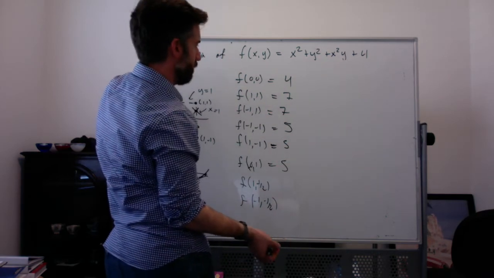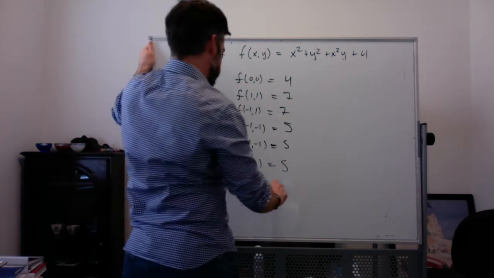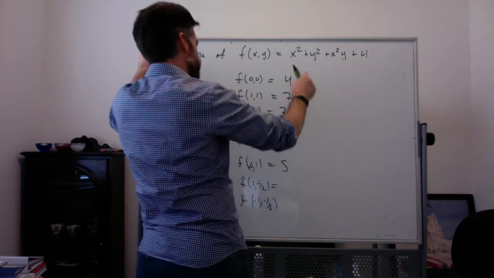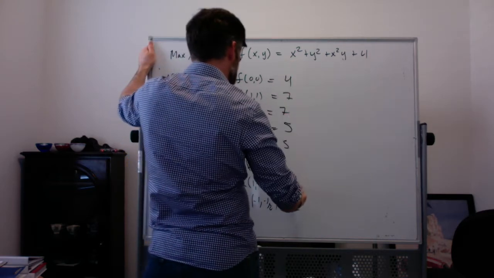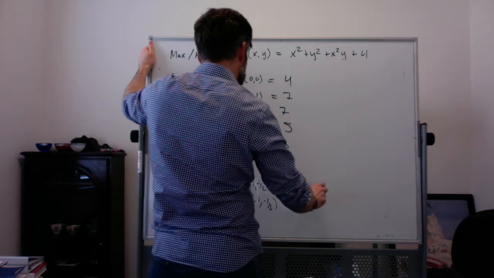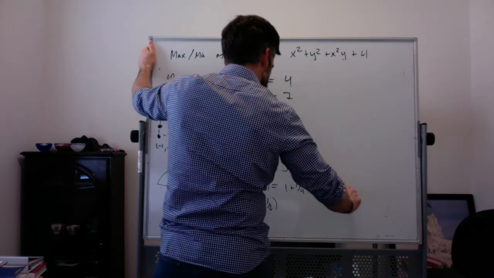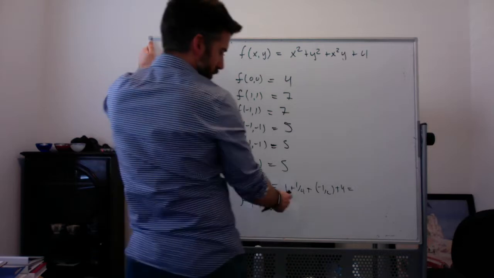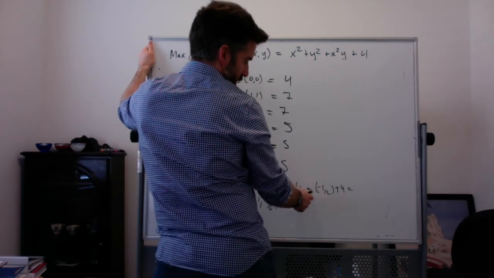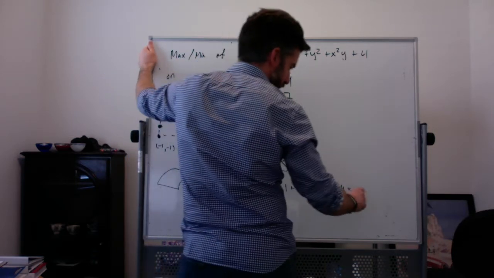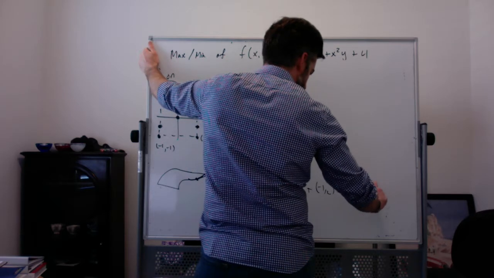So 1, negative 1 half will be, let's actually write this one, 1 plus 1 fourth plus 1 times negative 1 half plus 4. See, 1 minus a half is 1 half, plus a fourth is 3 fourths, plus 4, so 4 and 3 fourths is 4.75.